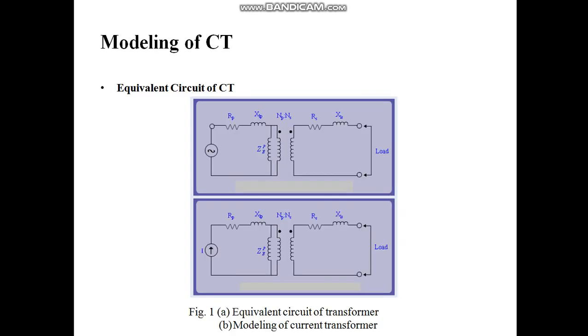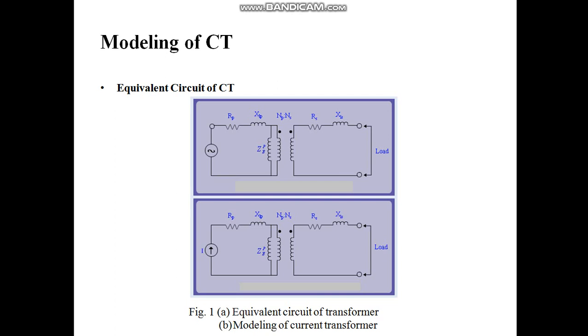So to begin with the modeling of CT, we will first look at the equivalent circuit of the current transformer. The equivalent circuit of a current transformer is not much different from that of a regular transformer, which is shown in the figure. However, the fundamental difference is that while regular power transformers are excited by a voltage source, a current transformer has current source excitation. The primary winding of the current transformer is connected in series with the transmission line. The load on the secondary side is the relaying burden and the lead wire resistance.